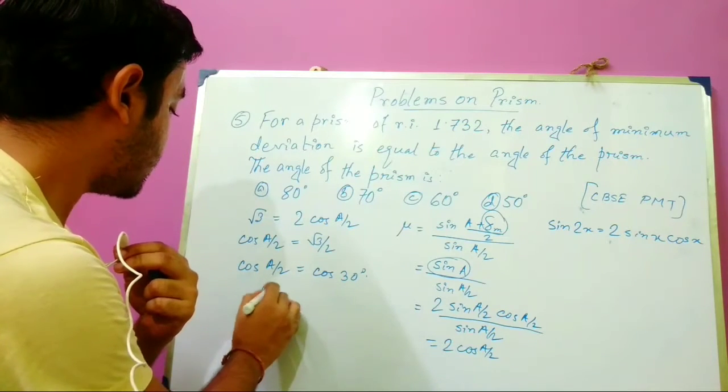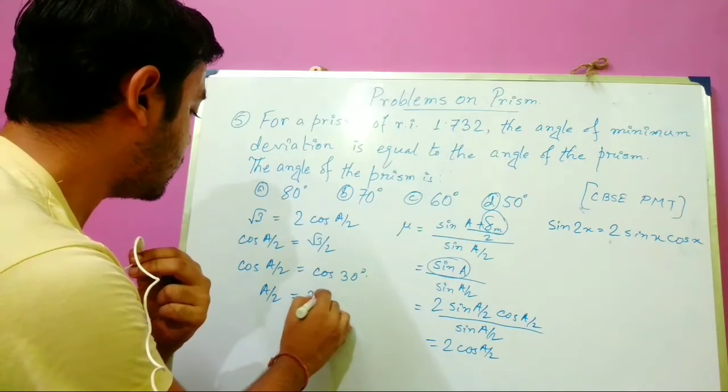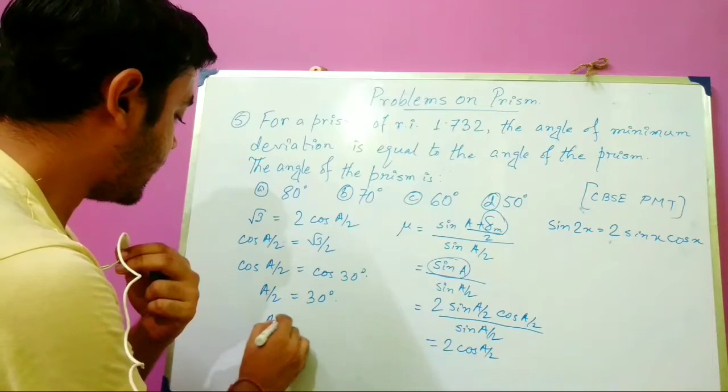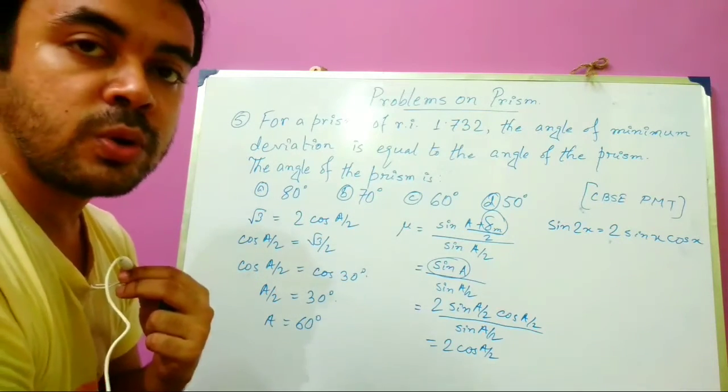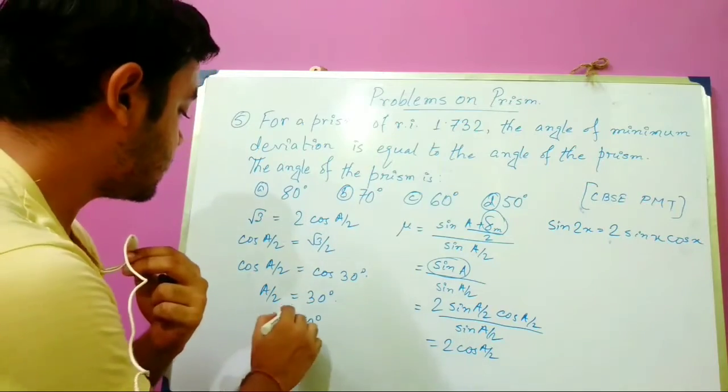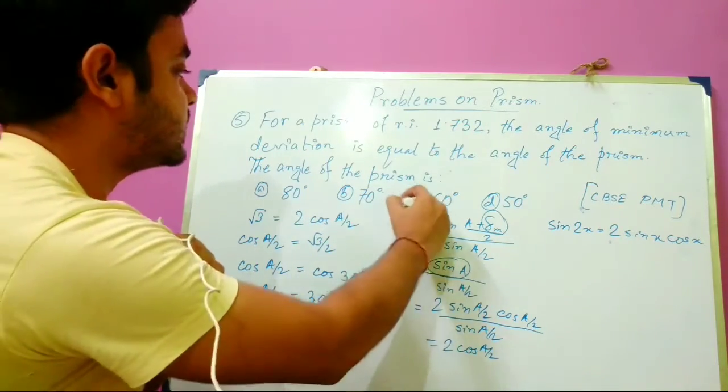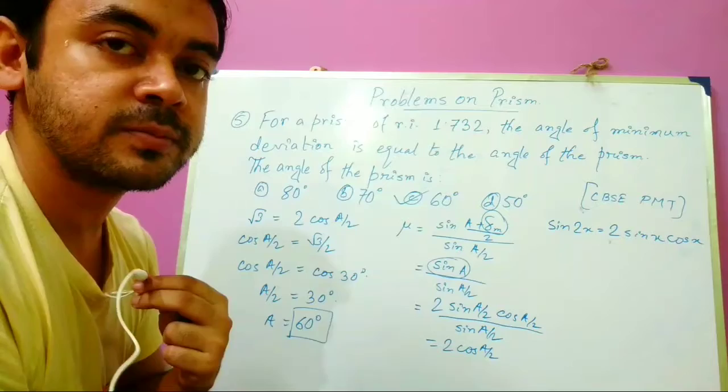So A by 2 equals 30 degree, or A will be 60 degree. So the angle of the prism is 60 degree. Option C is the correct answer.